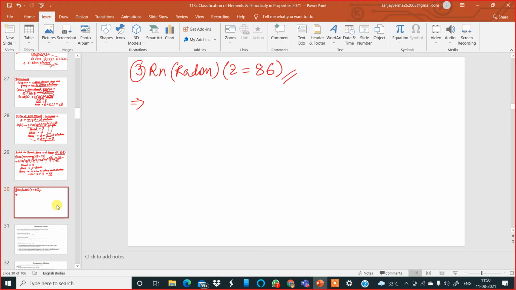Now let us write down the electronic configuration of this element radon. I also write, you also write, okay?